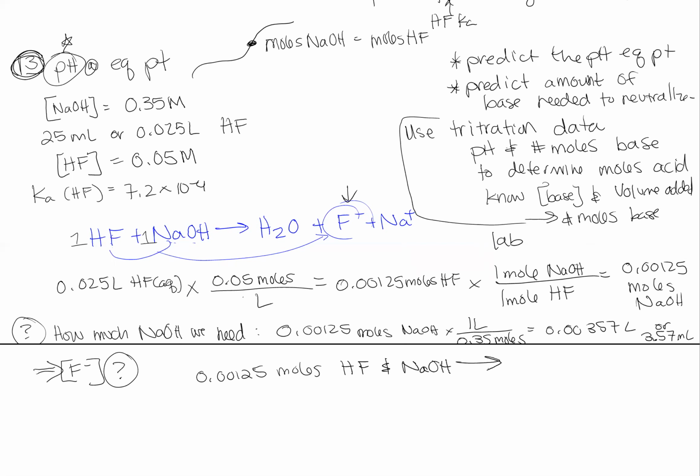And since they will react completely, we're going to form 0.00125 moles of fluoride. And I can do that similar to right here by doing a mole-to-mole conversion, especially if I was looking at a di or triprotic acid.